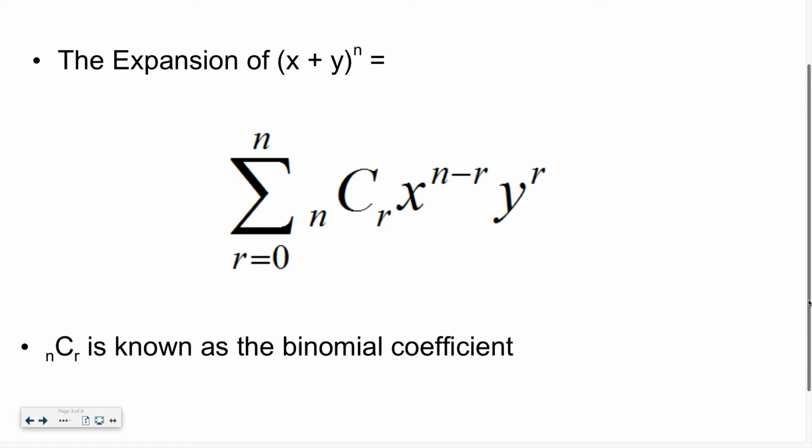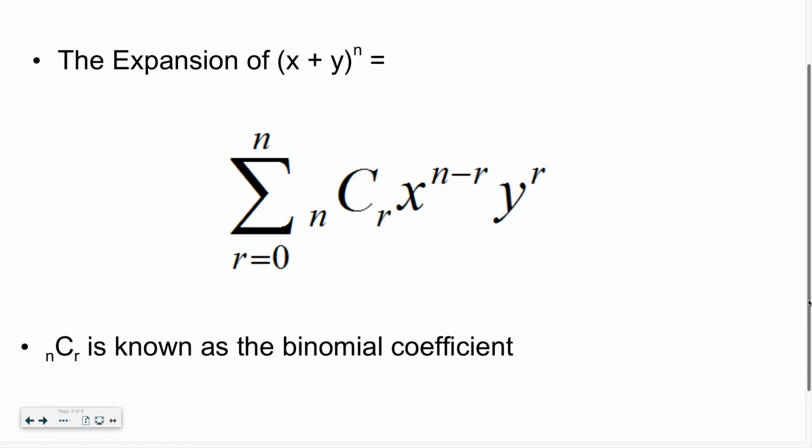What does the sigma thing mean? The sum. Okay, so we're taking the sum of multiple terms. Whatever you're being raised to, that's what's going to go in your combination. So if you have a binomial raised to the 4th power, you're going to start out with 4 combinations of 0.